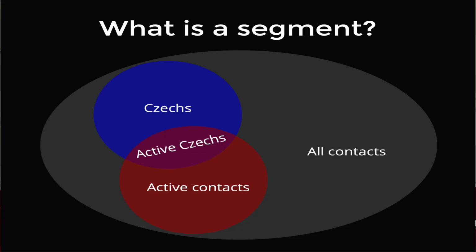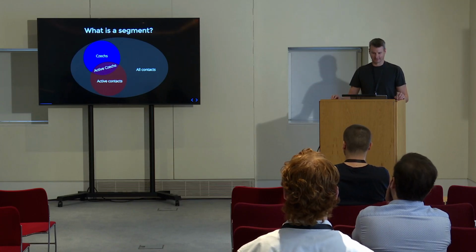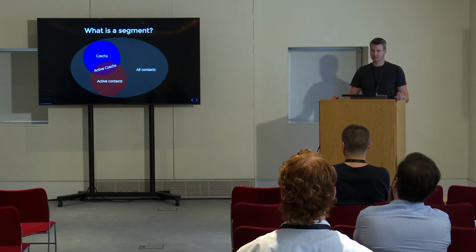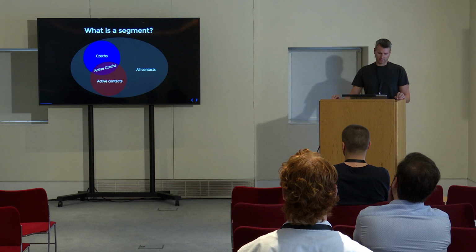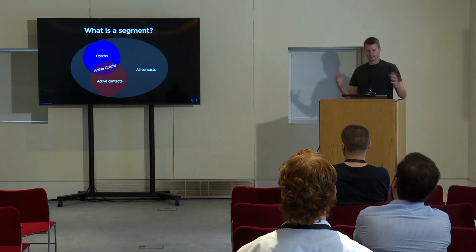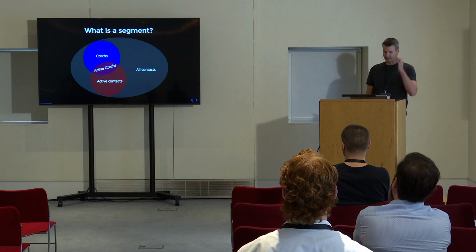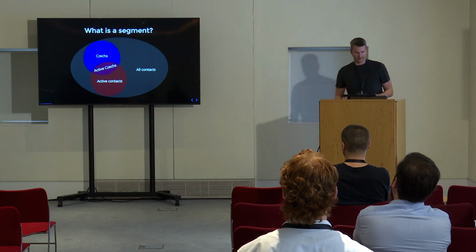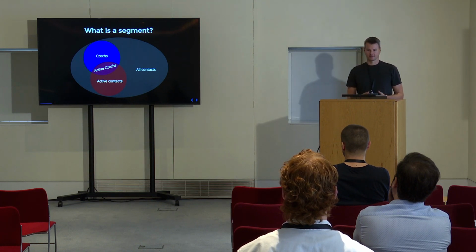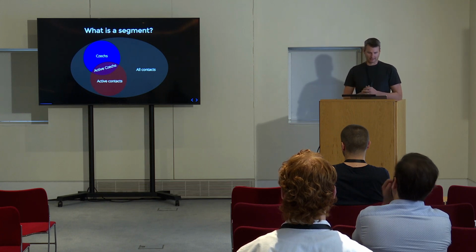What is a segment? I hope everybody here is a fan of Venn diagrams, because I have one more. If you have all the contacts, for example in Mautic or in another system, then you want to target the communication to just some group of them.